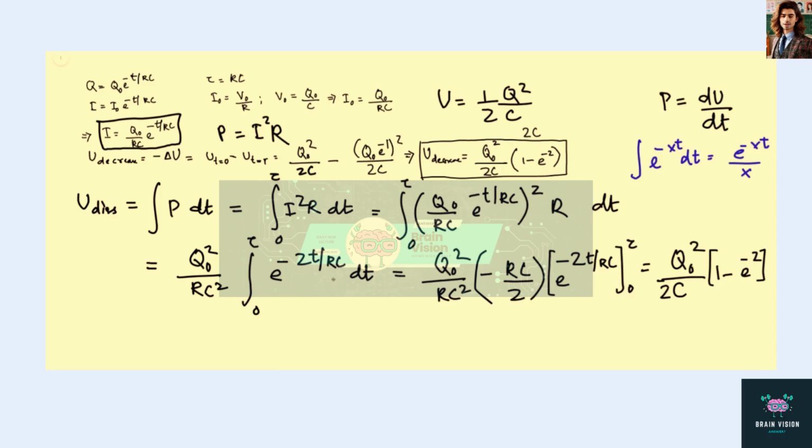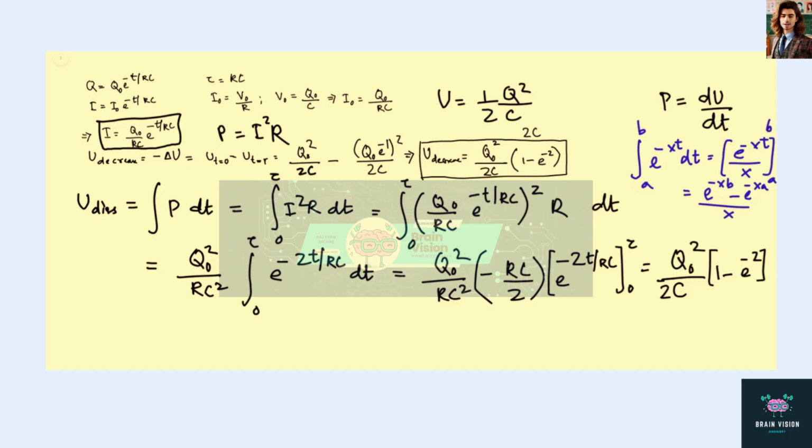So 1 over x will be RC over 2. So that's what we did. And if your limits are a to b, you just do the integral and then put the limits. So this will be equal to e to the power minus x b minus e to the power minus x a over x. So that's what we did after putting the limits.